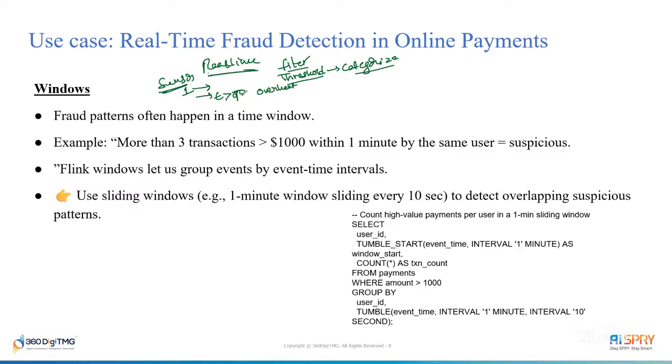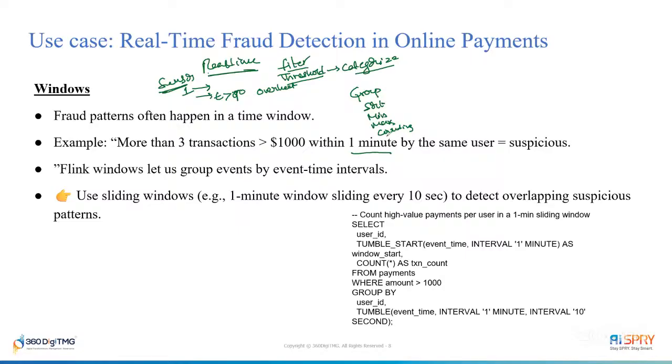But in some scenarios, when you want to group and do some operations, suppose you want to sort data, calculate minimum, maximum, counting, how can you count data that is continuously coming? The count will be changing. In fraud detection, I want to know how many transactions were made in a minute.